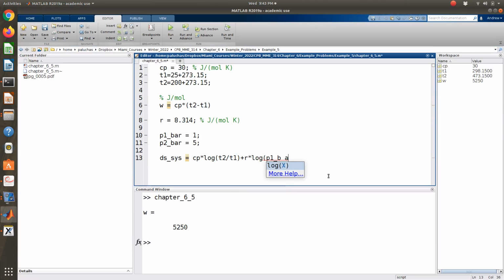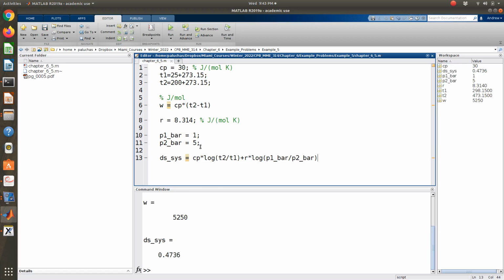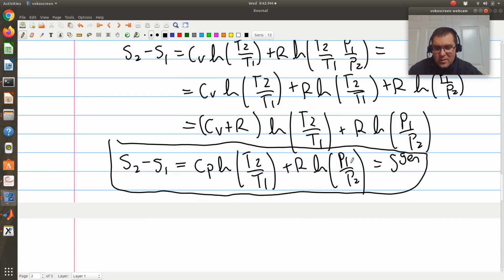I call it P1 bar divided by P2 bar. So bar here is fine, as long as the units of pressure are consistent and they're absolute, not gauge pressures. So I get DS system is 0.4736.